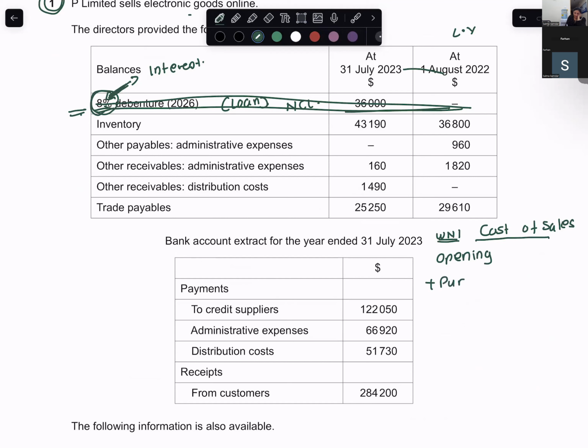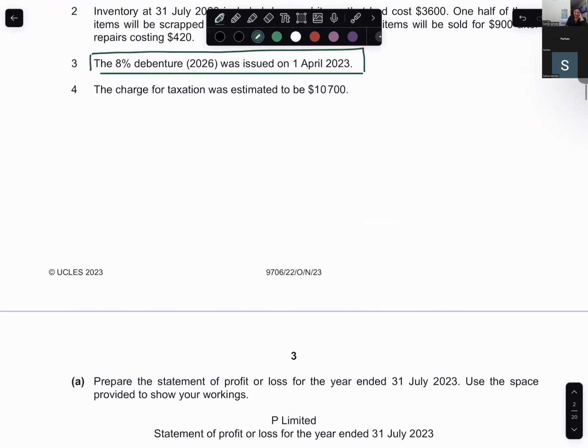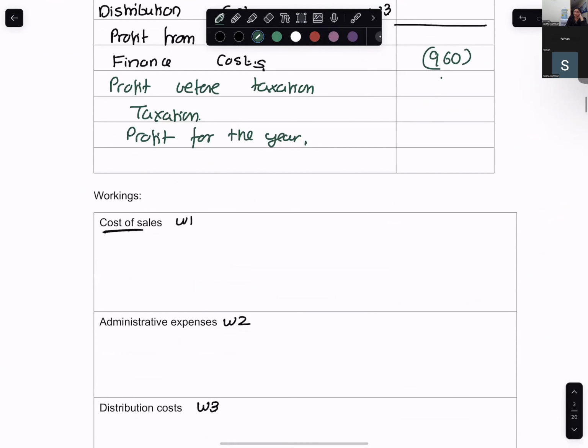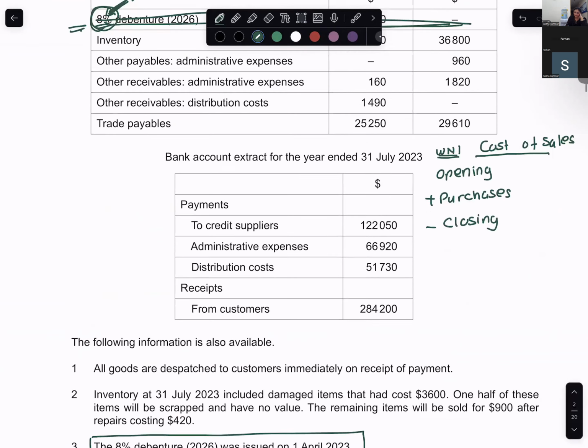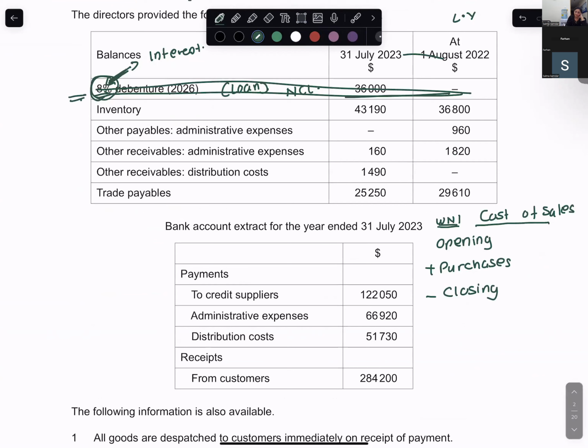And this you will do in the place that is provided to you, that is your working note number 1. So what is opening inventory? Our opening inventory is 36,800.